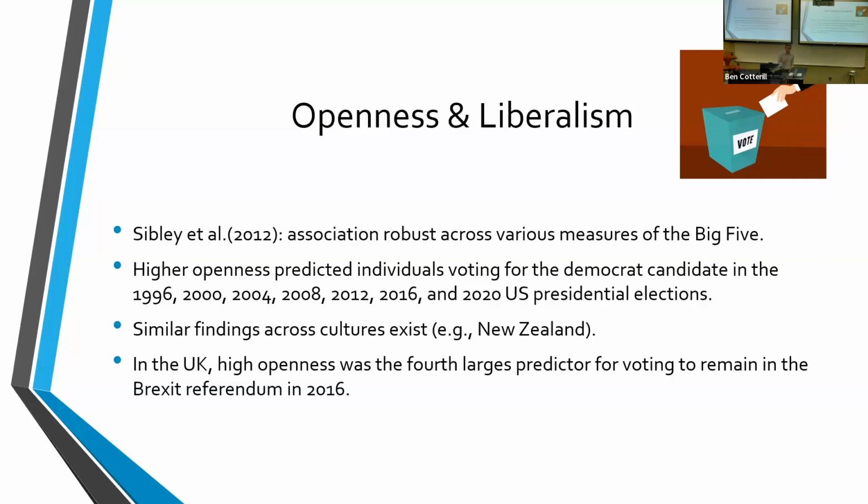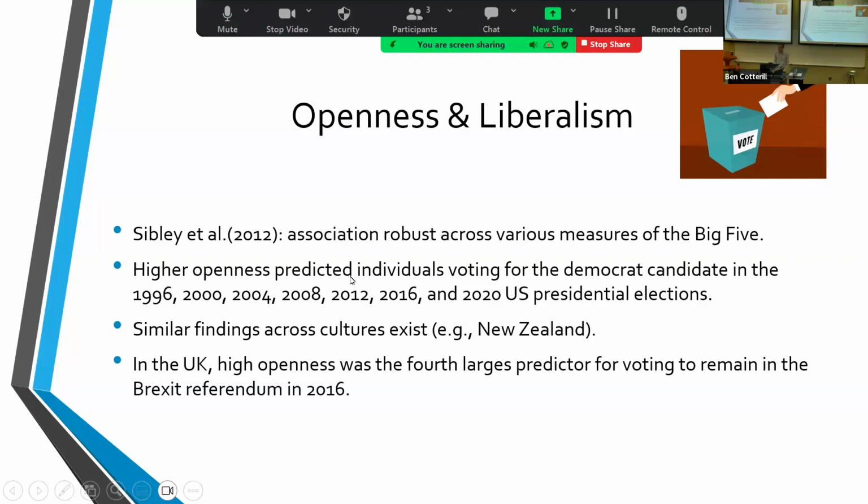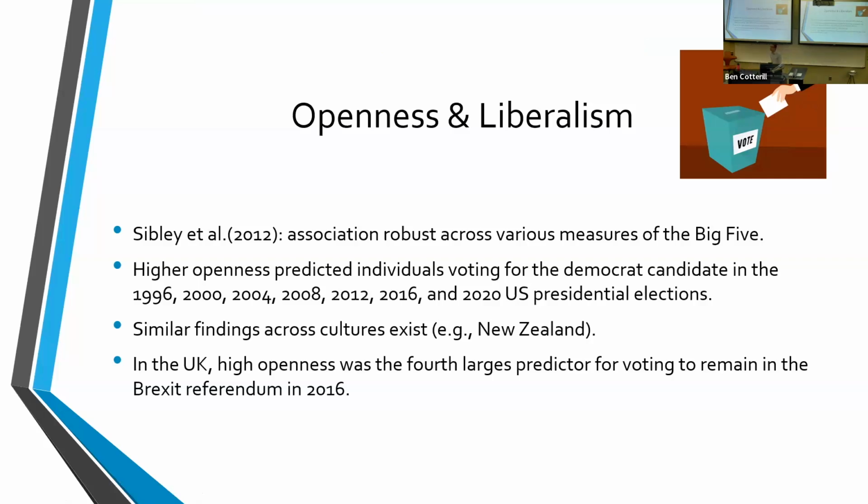And it's crucial to other big issues as well. You know, in 2016, the UK voted on whether to leave the European Union or whether to remain part of the European Union. And openness was the fourth largest predictor of whether one would vote to remain or vote to leave, okay? A larger predictor than a lot of the issues that the politicians were focusing on.